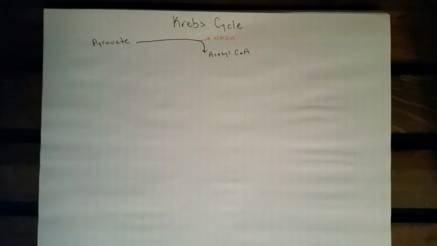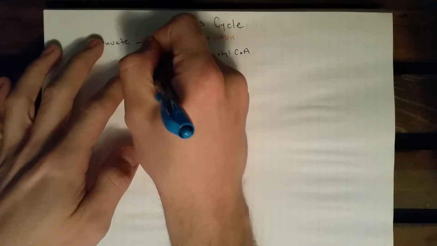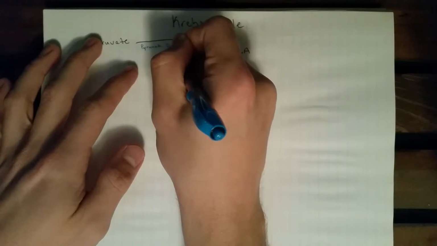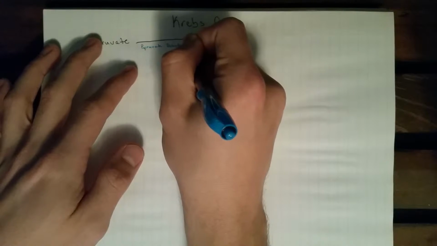Alright, so pyruvate will come down, get rid of an NADH, and become acetyl-CoA. It'll do that thanks to pyruvate dehydrogenase.